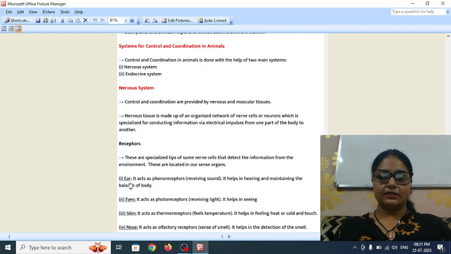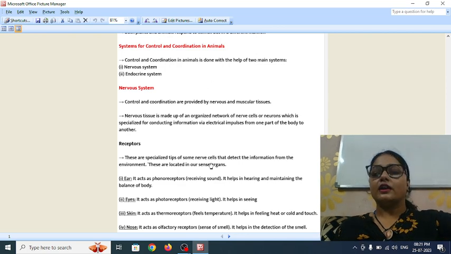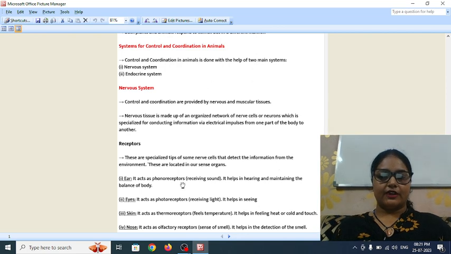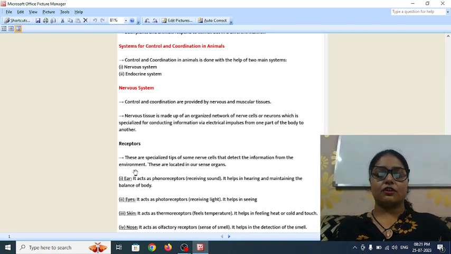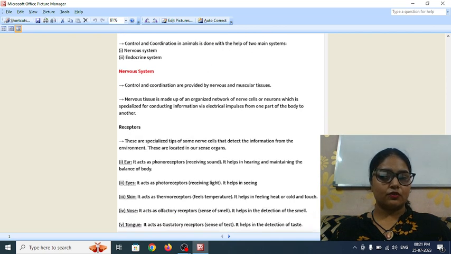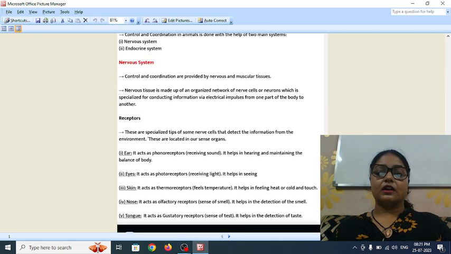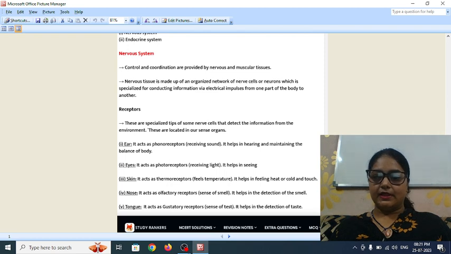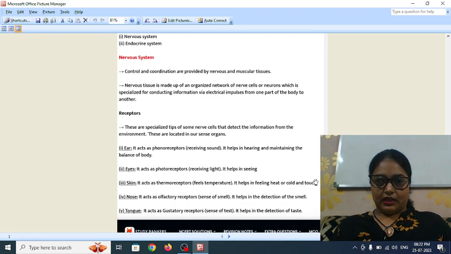Now receptors: these are specialized tips of some nervous system cells that detect information from the environment. As you know, our receptors are our sense organs: our skin, ear, nose. We hear different types of sound and react towards the sound also. So our sense organs are basically our receptors.